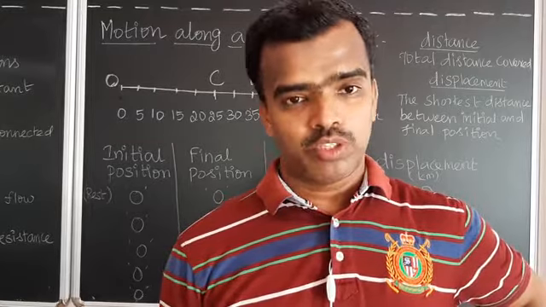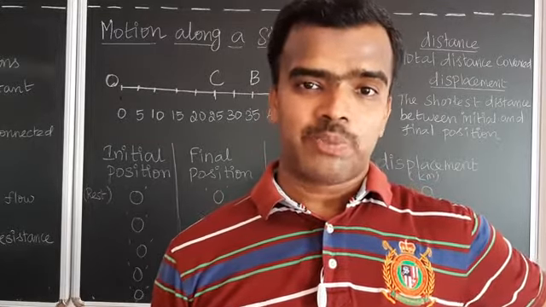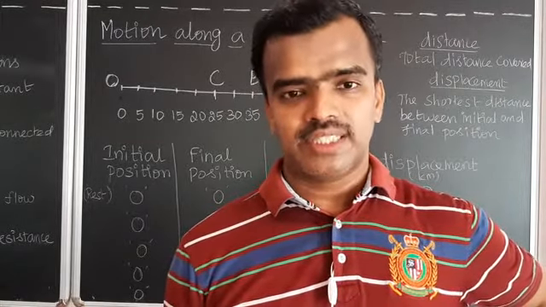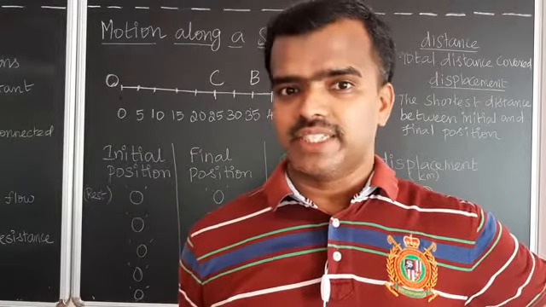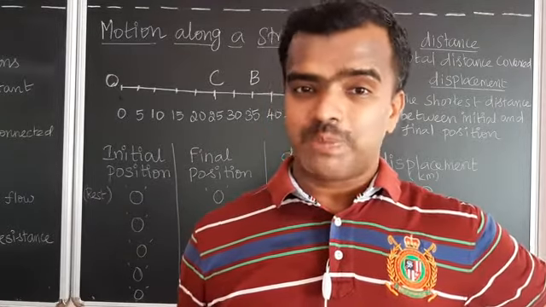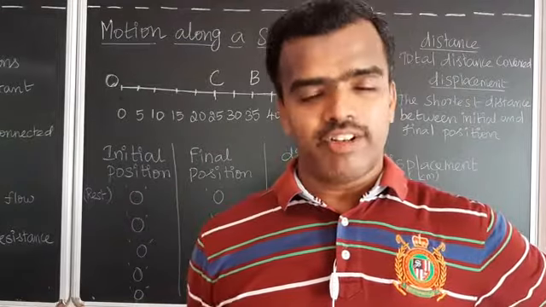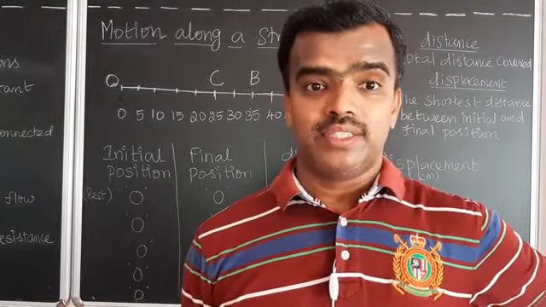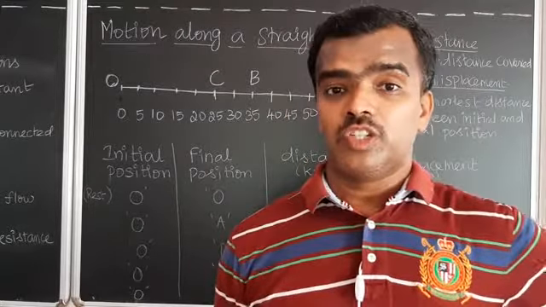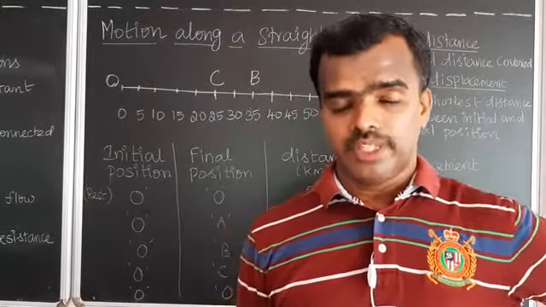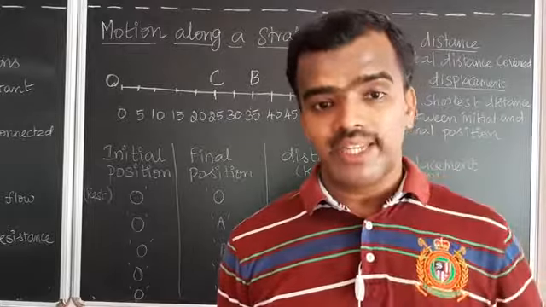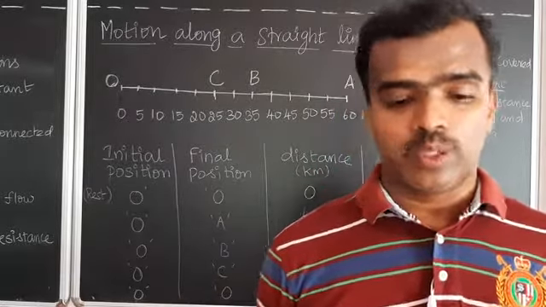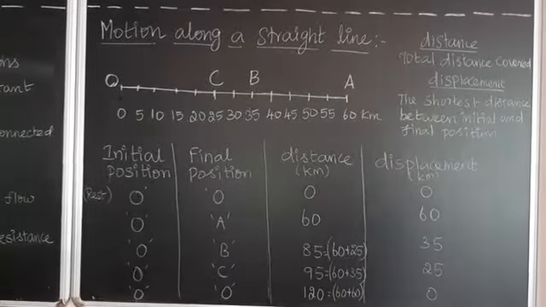Suppose they twist the question, the ratio between displacement and distance is equal to 1 or less than 1. Listen: the ratio between distance and displacement is equal to 1 or greater than 1. I hope you understand well.